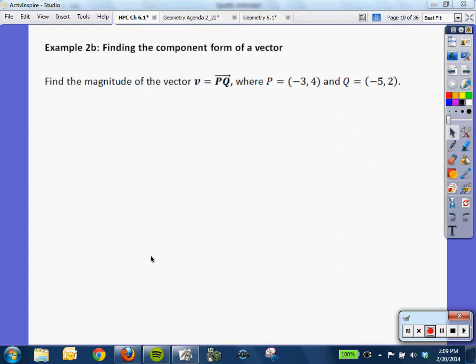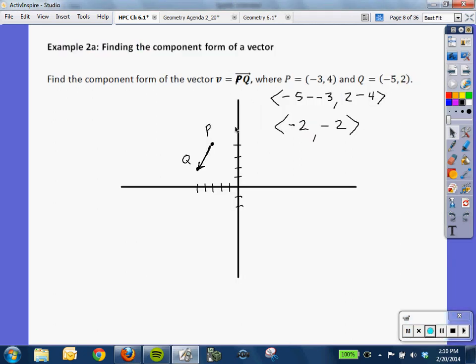Our next question involves finding the magnitude of that vector that we just found for example 2a. So 2b is just finding the magnitude of that vector from example 2a. So what I want to do is jump back to 2a and look at finding the actual magnitude of this vector.